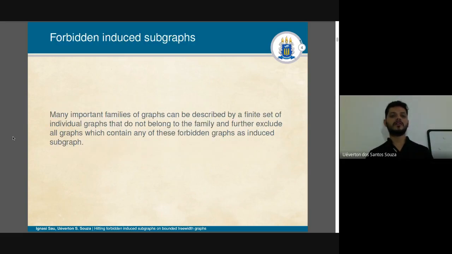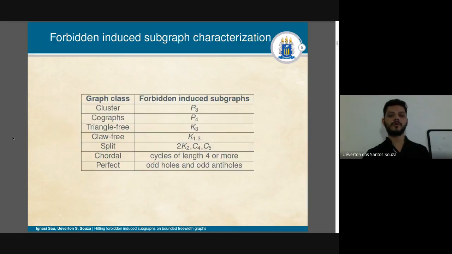Also, there are many important families of graphs that can be described by a list of forbidden induced subgraphs, such as cluster graphs, cographs, triangle-free graphs, claw-free graphs, split graphs, chordal graphs, and perfect graphs.